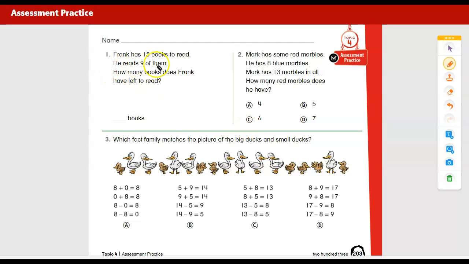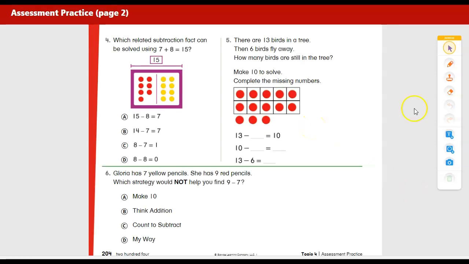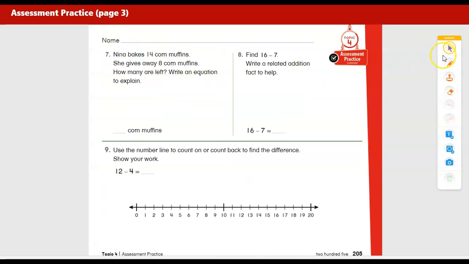So, here on the first page, page 203, you will do all 3 of these problems. On the next page, we are going to skip number 5 and number 6. We will also not be doing numbers 7 or 8.